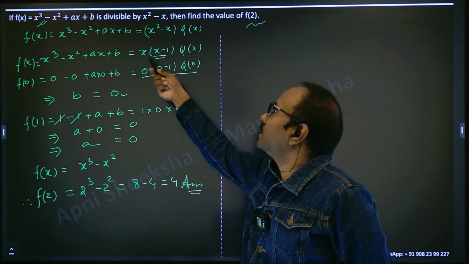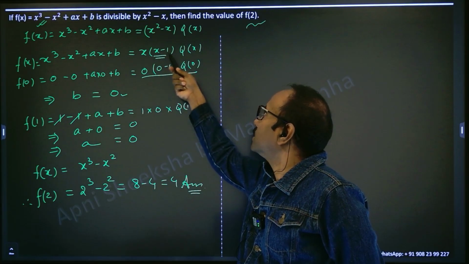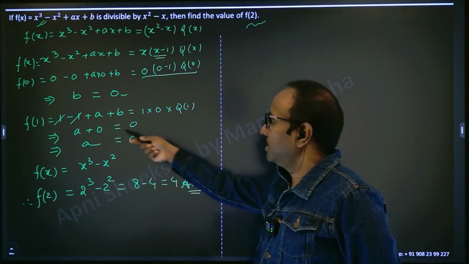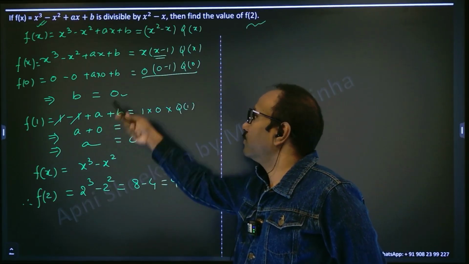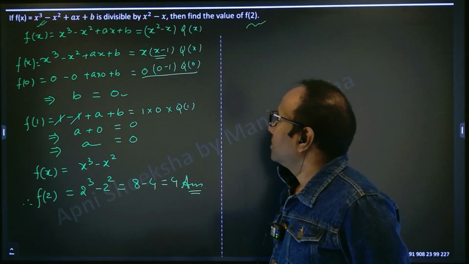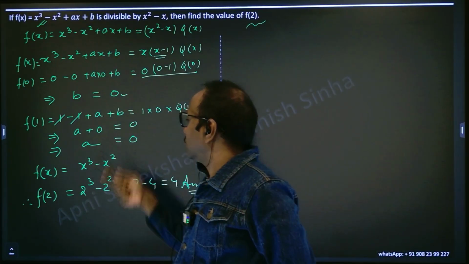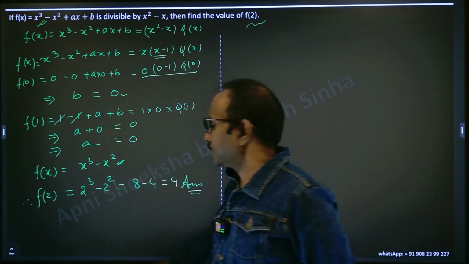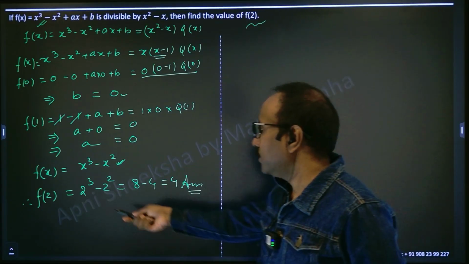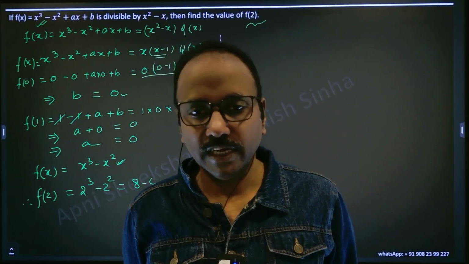Then we make this term 0 first by putting x equal to 0 and second by putting the value 1. So we will get the values of a and b, that is 0 and 0. So this function is reduced to this, independent of a and b. Now put x equal to 2 to find the value of f(2).